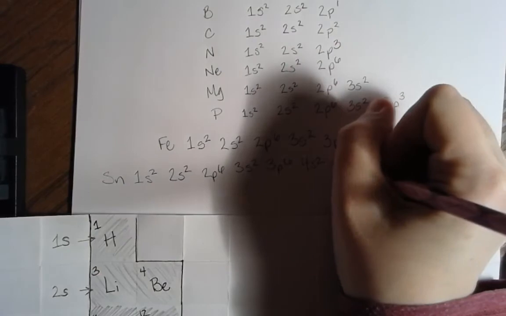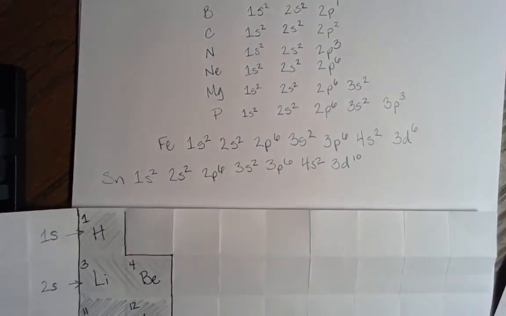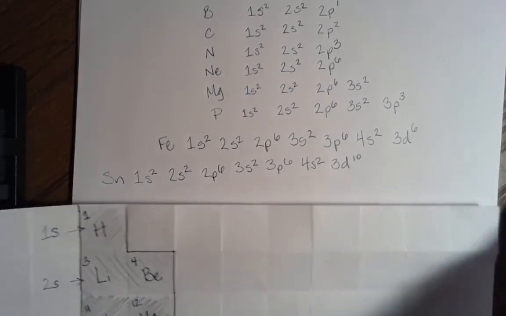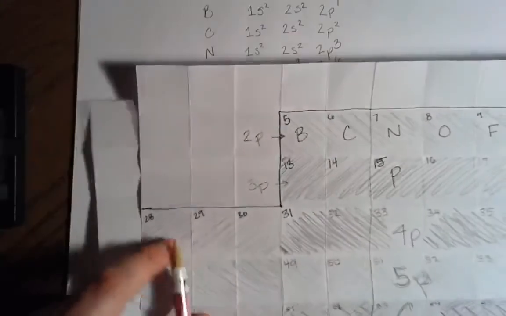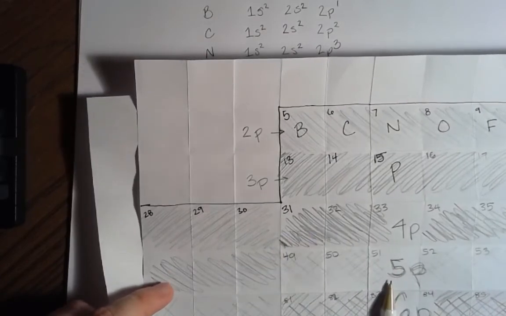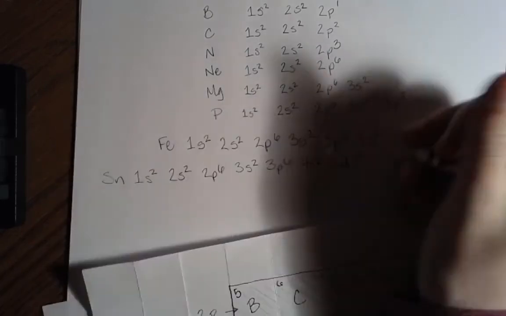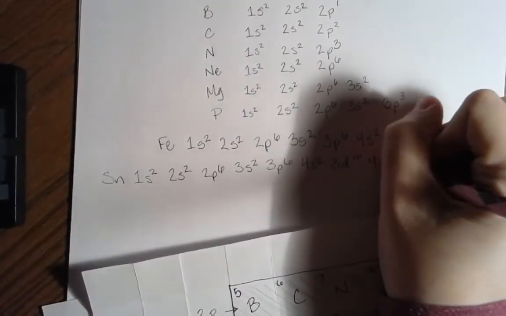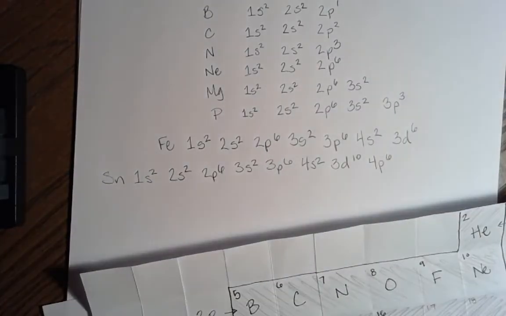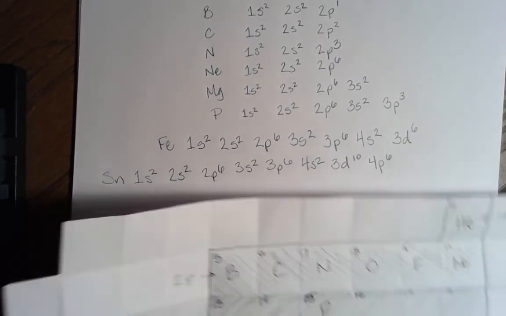So it's size 3, shape d, and it's got 10 electrons because it's full. After our 3d, we hit the 4p, and since we're going to tin, which is element 50, our 4p is full. A full p has 6 electrons, you can count. That takes you to the end of the 4p.